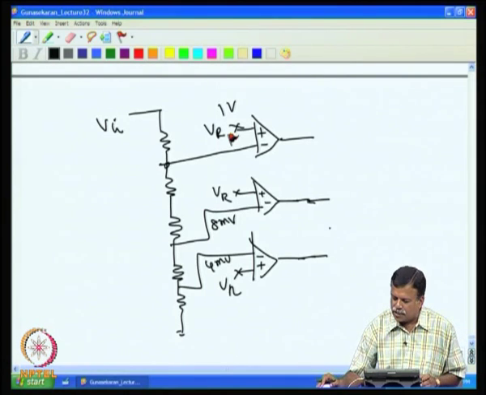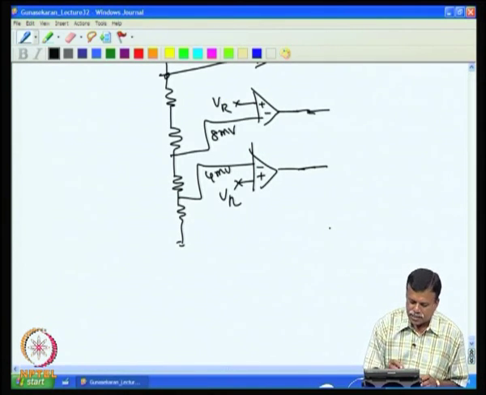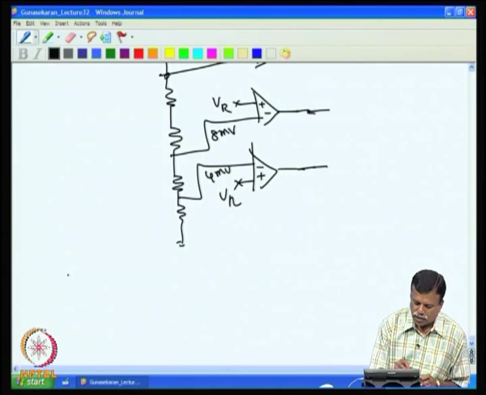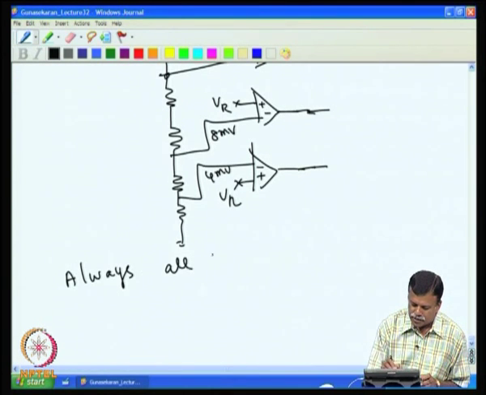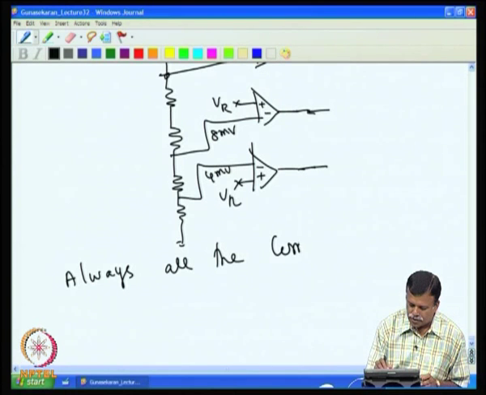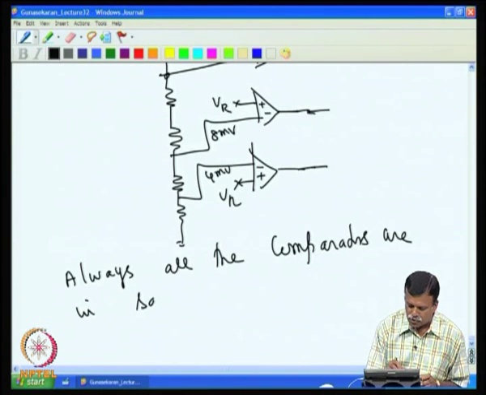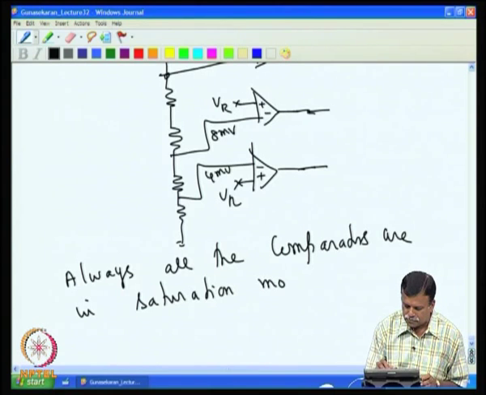So, all the time all the comparators are in saturation mode only.